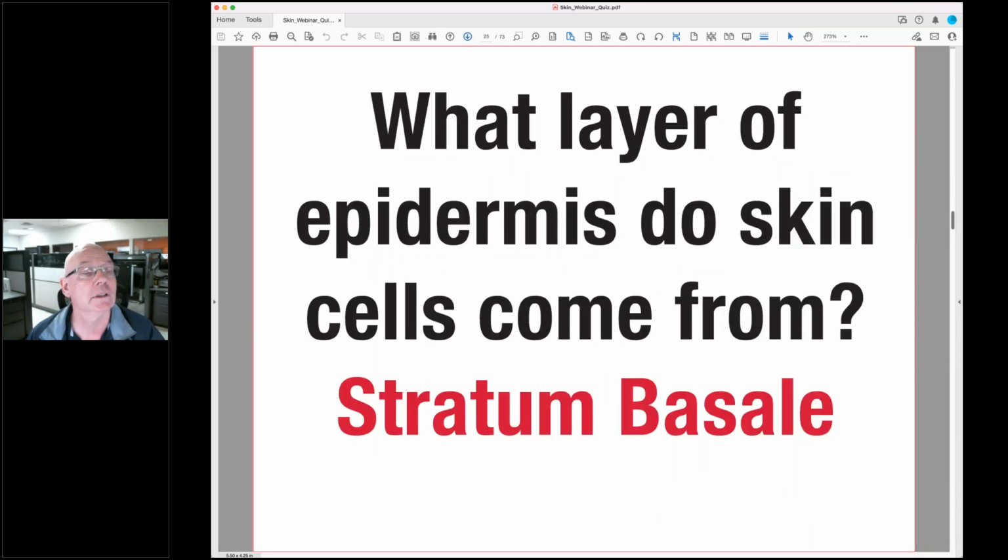We're looking at stratum basal, the germinating layer. Somebody answered corneum, but it's stratum basal.